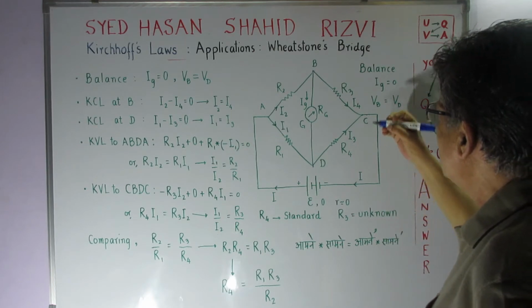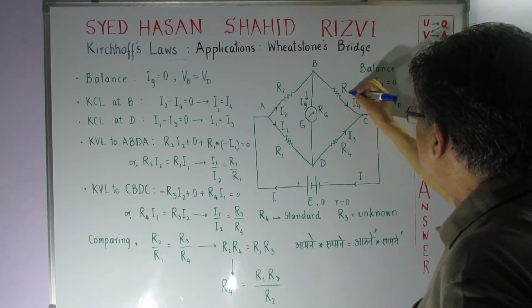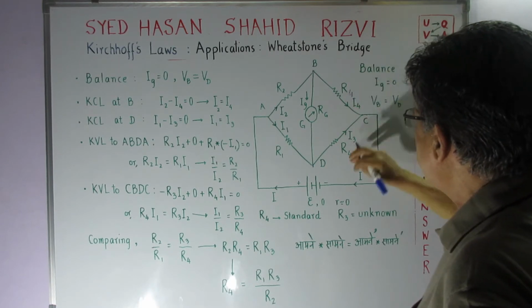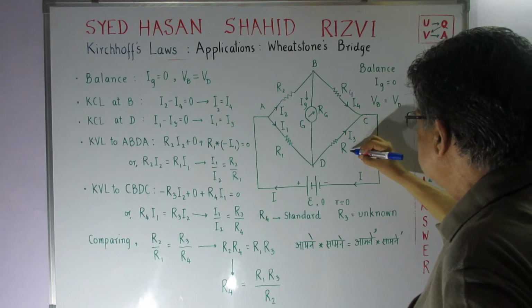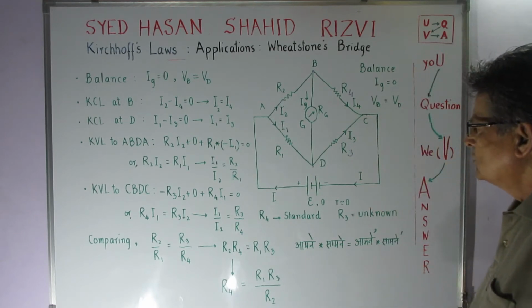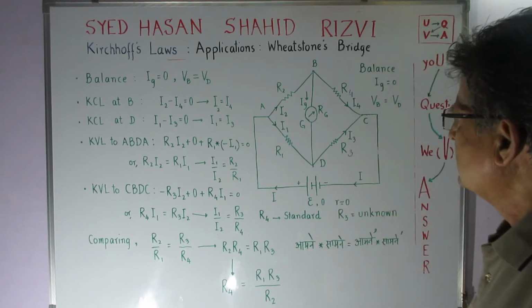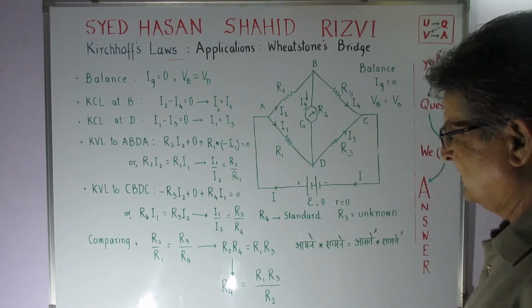Sorry, okay, let me make this R4 and let me make this R3, it doesn't matter. Okay, so R3 becomes the unknown and R4 is the standard resistance, whatever, it doesn't matter.